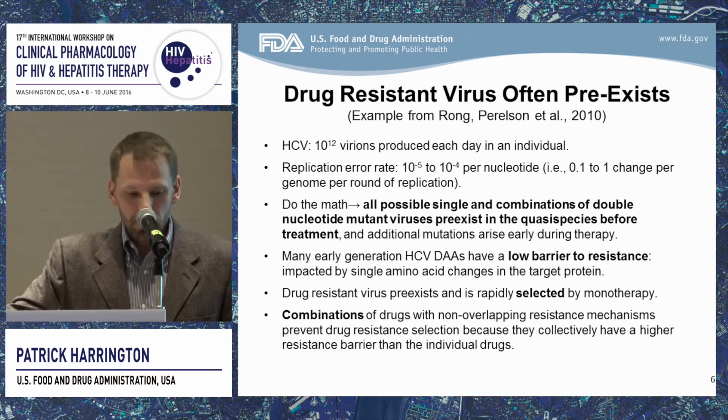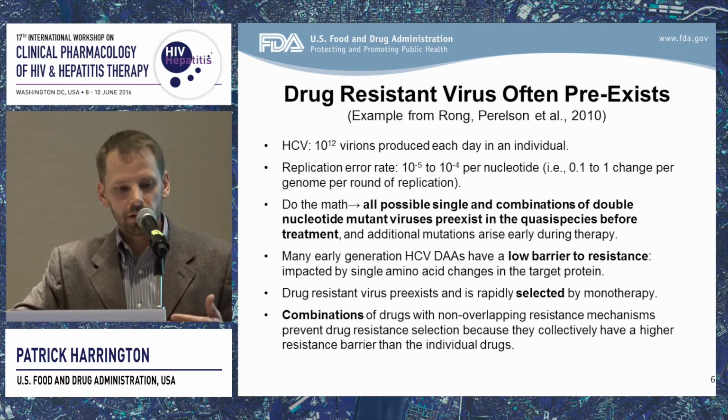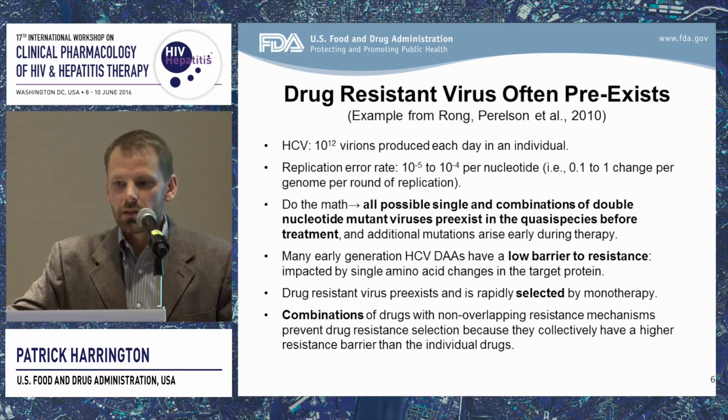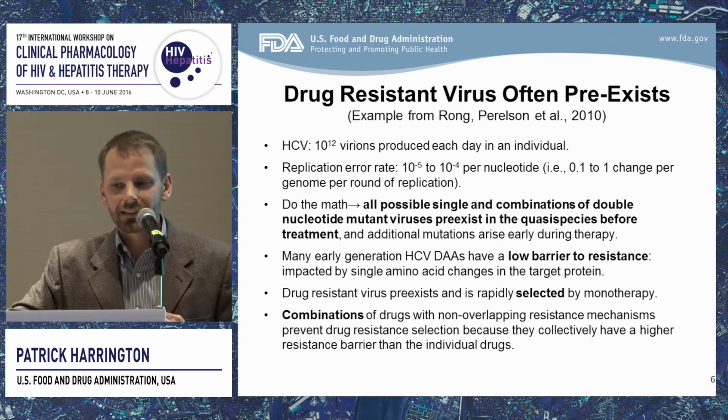Now, this topic was also brought up in the previous presentation, and I just want to make it clear, because I'll refer to this concept throughout my presentation, that drug-resistant virus can often pre-exist. And this comes from studies that were published by Perlson and others back in 2010. So, as you all are quite aware, there are a ton of viruses produced in an infected individual every day, and with the replication error rate of the RNA-dependent RNA polymerase, we can assume that there's about 0.1 to 1 nucleotide change introduced into the genome per round of replication.